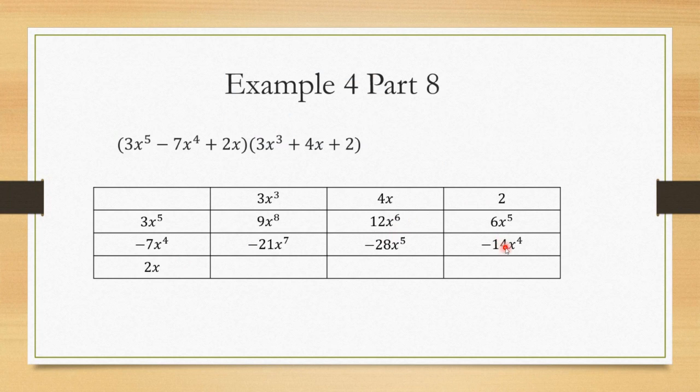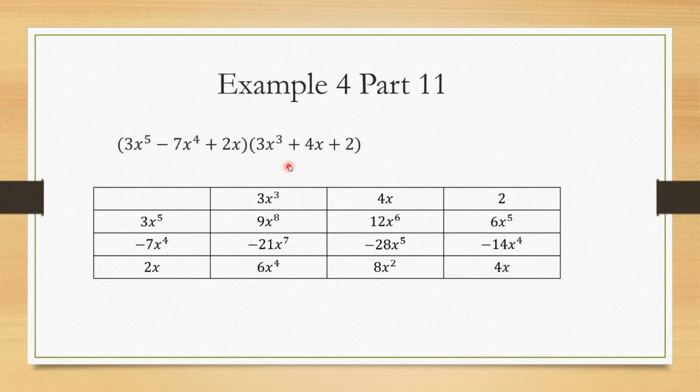That's minus 14x to the 4. Good. 2x times 3x cubed, that's this, 6x to the 4. Now, it's a lot of terms, I know. 2x times 4x, 8x squared. And finally, 2x times 2, 4x.